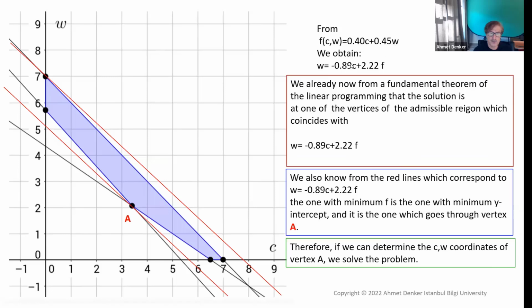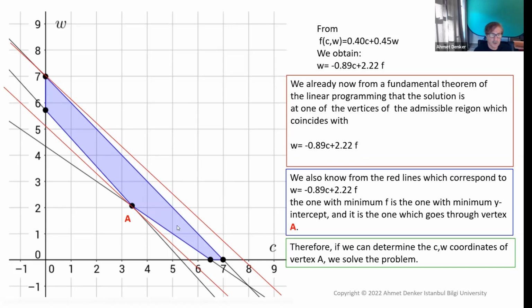So I put them into this form, getting W to the left. And now we already know from the fundamental theorem that the solution is at one of the vertices of the admissible region, which coincides with this function.